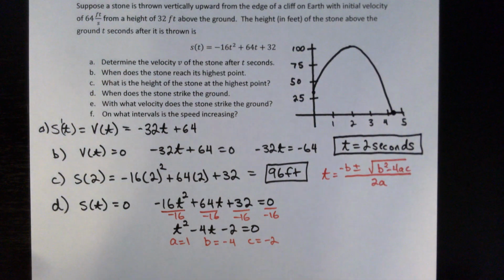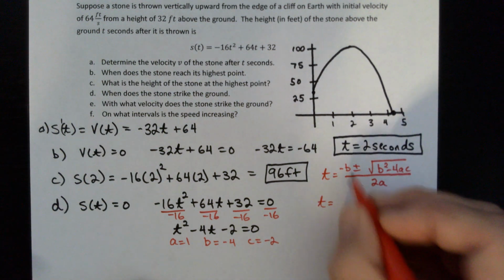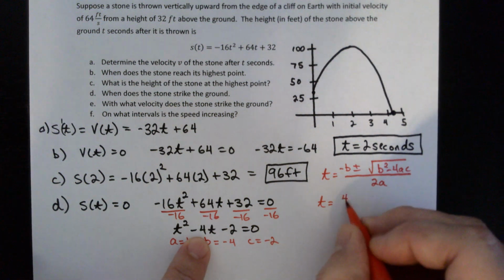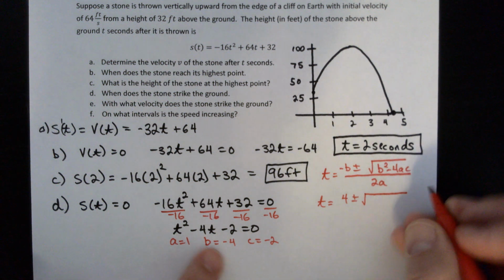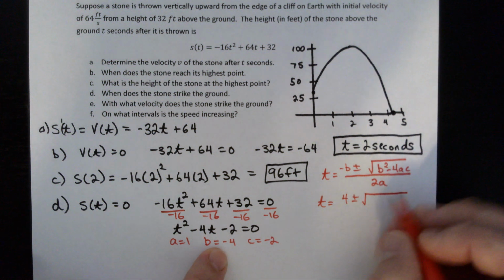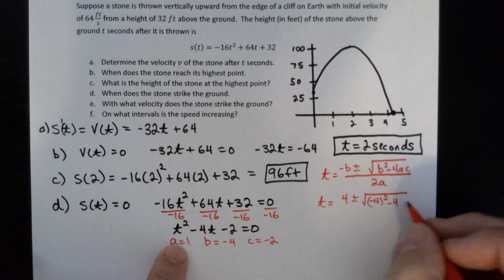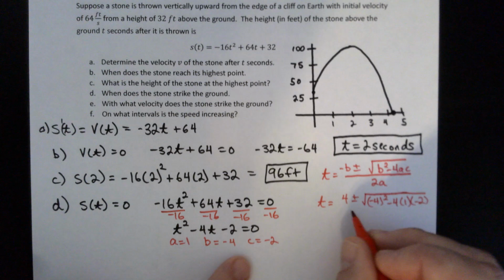Okay, so let's go over here and figure out what that's going to give us. So t is equal to negative b, so negative 4, so that's positive, plus or minus the square root of negative 4 squared, b squared, minus 4 times a, which is 1, times c, which is negative 2, all over 2a.